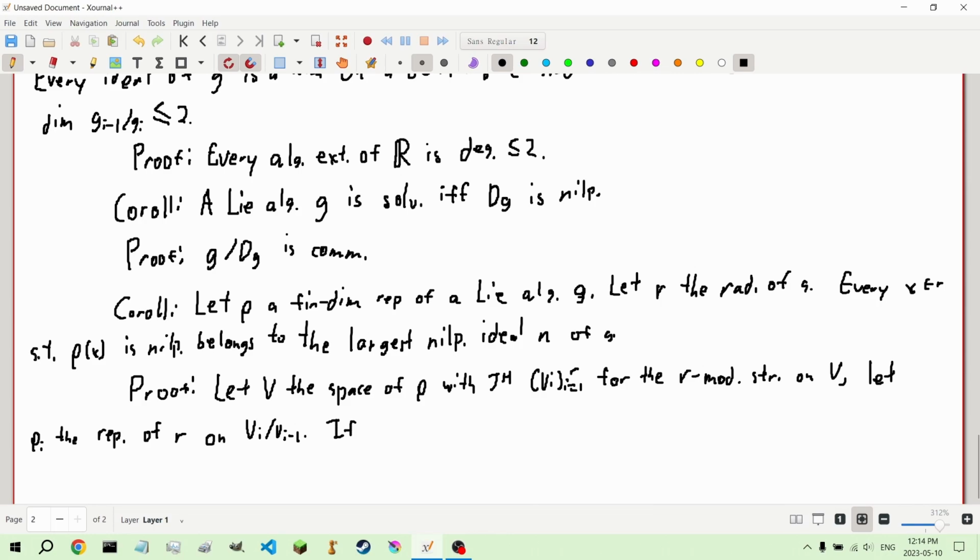If rho of x is nilpotent, then we need to show that it's in the largest nilpotent ideal. So is rho_i of x, for all i. The algebra generated by rho_i of x is a field.